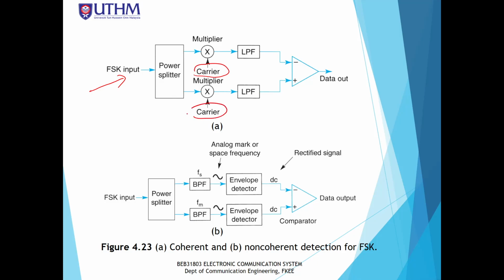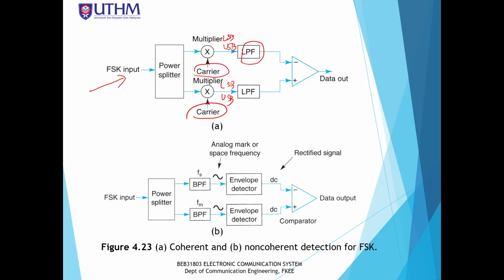Here we have two different carrier frequencies. When we multiply with the carrier, remember that we're going to produce LSB and also the USB. Remember in chapter 3, the multiplication process will produce two parts, LSB and USB. And we're going to use a low pass filter to select the lower sideband.